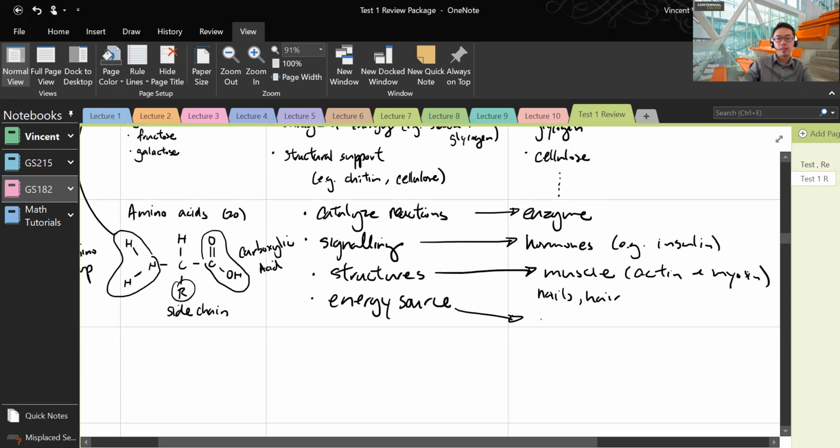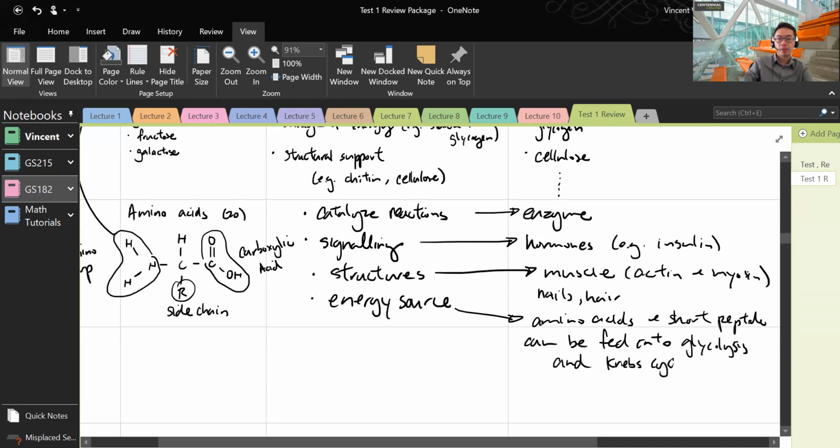So this would be amino acids and short peptides can be fed into glycolysis and Krebs cycle. I don't think we talk about this in the lecture, but it's actually true.